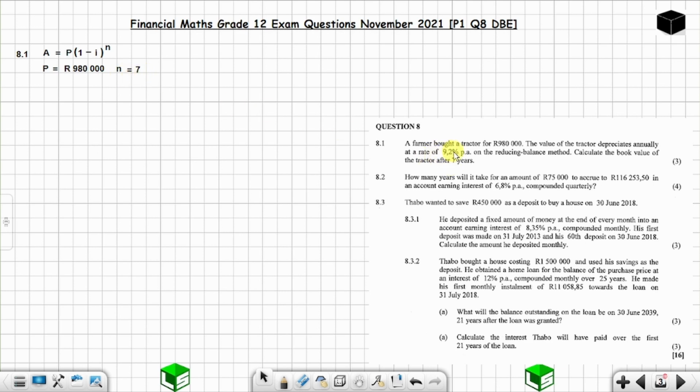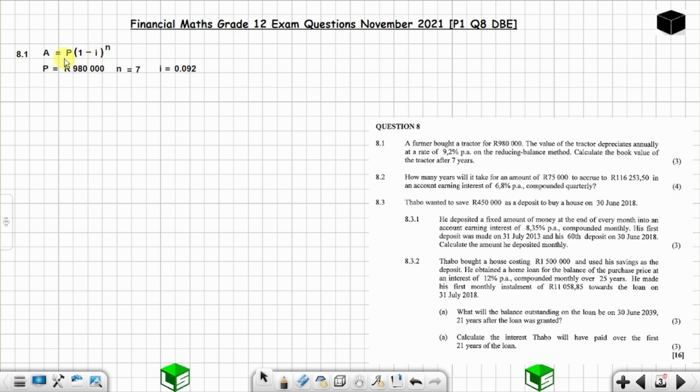The interest rate is 9.2% per annum, so I is equal to 9.2 divided by 100, which is 0.092.